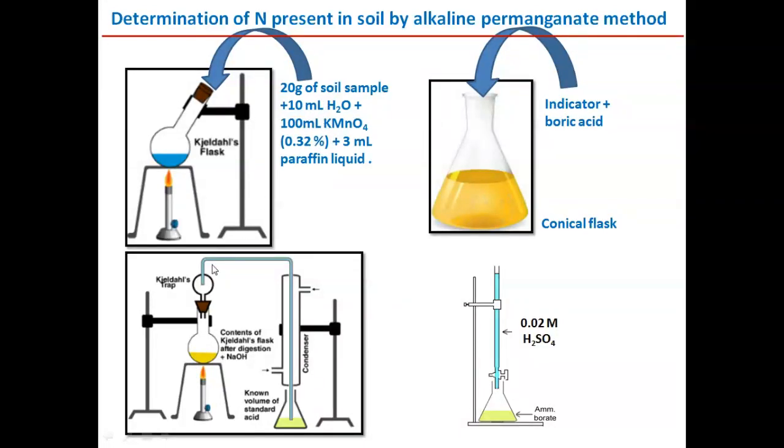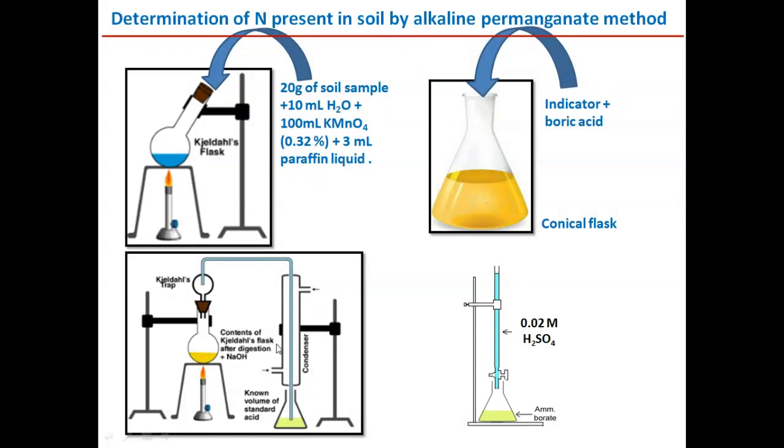The liberated ammonia is condensed in the condenser, you can see here, and this condensed ammonia is trapped in boric acid, which contains indicator, that is mixed indicator. This is the conical flask, as I already showed here. This is a conical flask containing indicator and boric acid. So this conical flask and the Kjeldahl's flask are connected through the condenser.